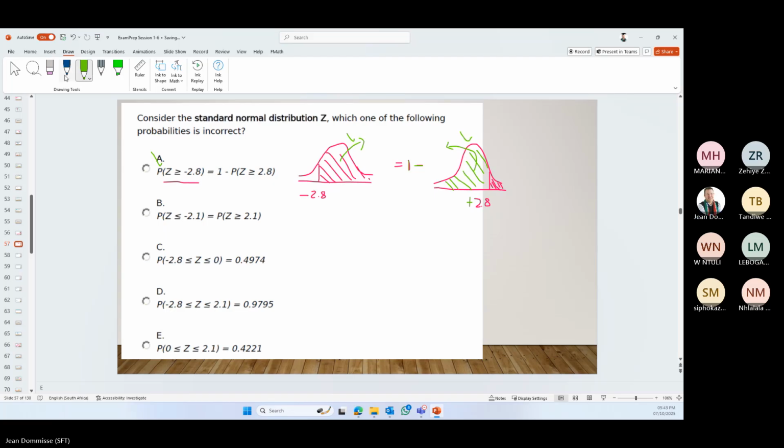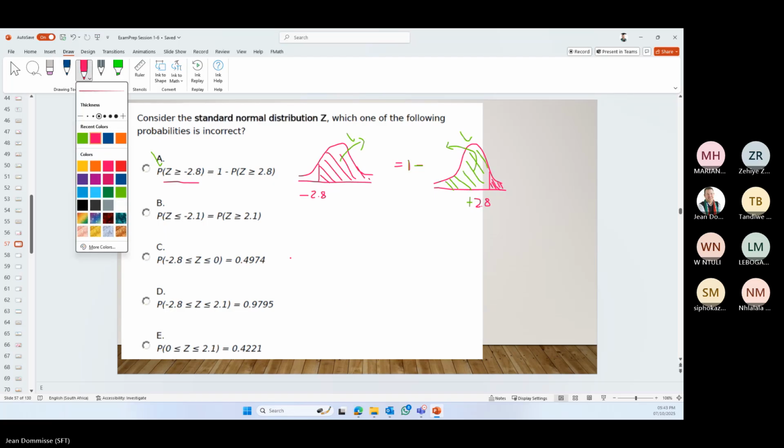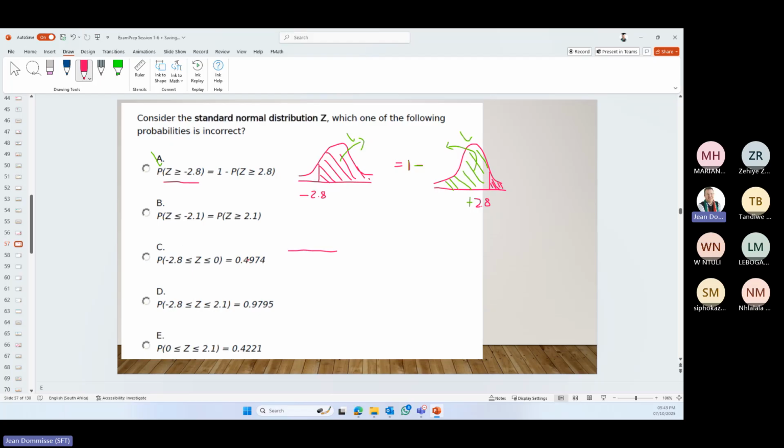What is the probability that Z is smaller or equal to minus 2.1? Minus 2.1 is on the left side, and since they're asking smaller or equal to, we're looking at this small area.